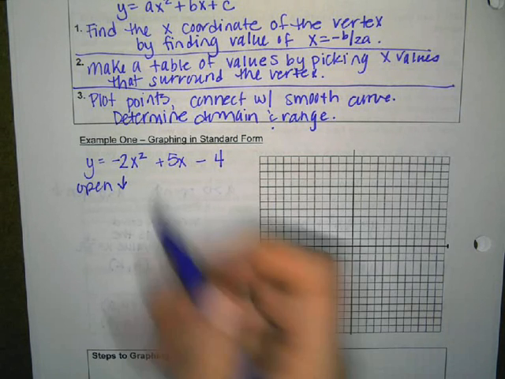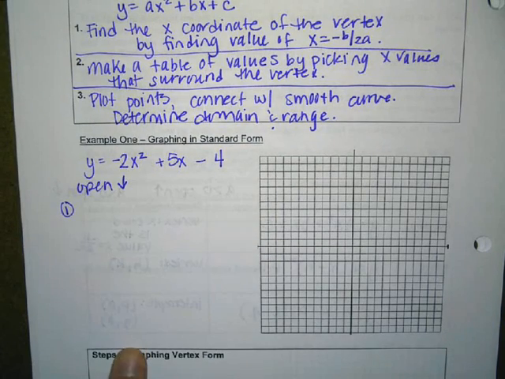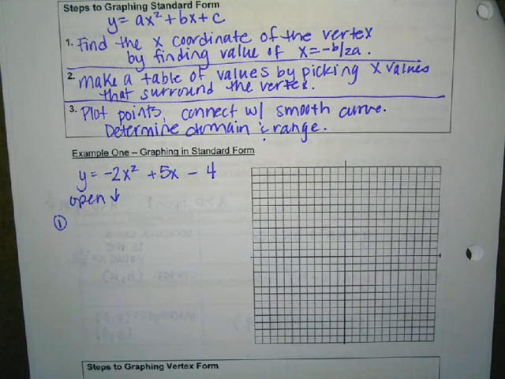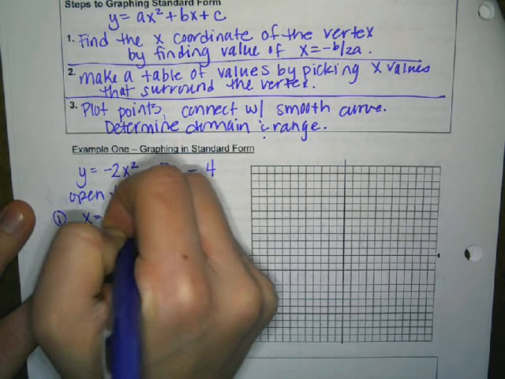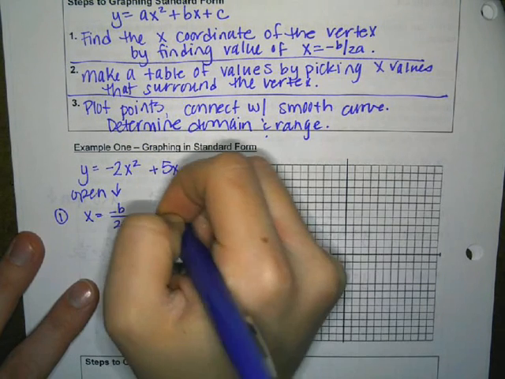All right, so I'm going to label my steps in my example. You wouldn't have to label your steps. I just want you to be able to match what we're doing down here with what our steps are up there. So we're going to find the x-coordinate of the vertex by finding the value of x equals negative b over 2a. What's my b value here? My b value is 5. So we're going to have negative 5.